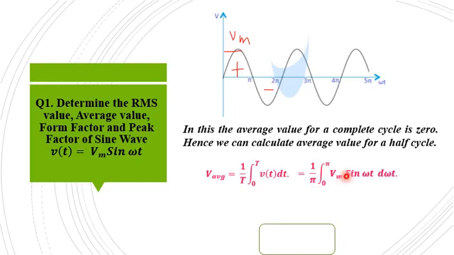Vm is a constant, so take it outside the integral. We will get Vm by pi times minus cos omega t, because the integral of sin omega t is minus cos omega t, with limits 0 to pi. Applying the limits, we get the average value as 2 Vm by pi.